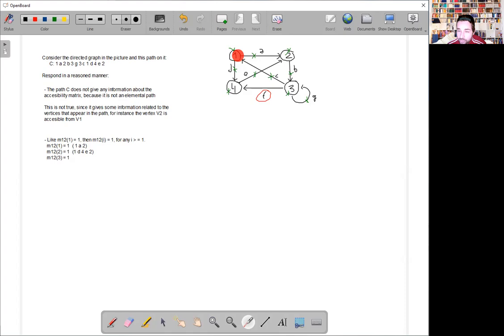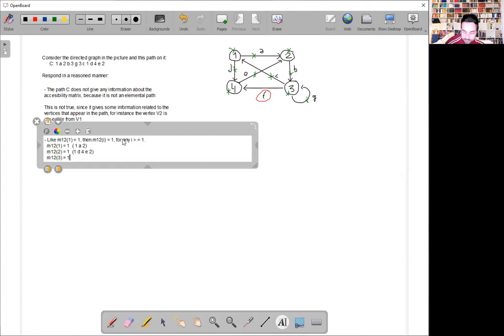The other alternative is to go directly to 2, then to 3, and then from 3, I can go back to 2 only with a path of length 1. So there is no path of length 3 from 1 to 2.